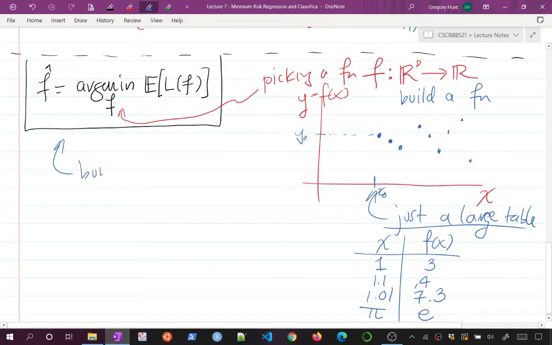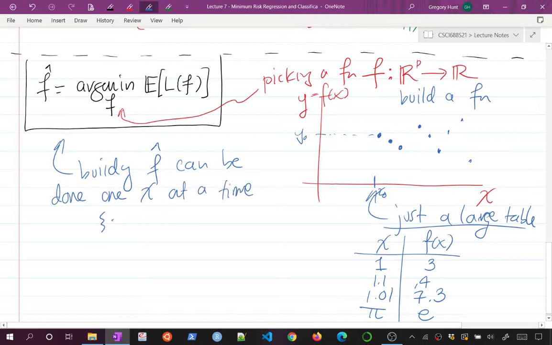So building f hat, that is choosing the optimal f, can be done one x at a time, right? All I have to do is give you some collection of f of x's across all the x's. All of the real numbers, I just have to give you my collection of f of x's, and it's just some collection of numbers.